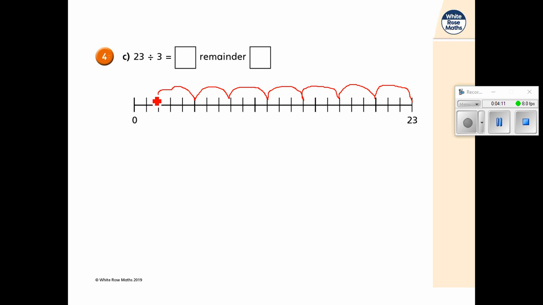So the remainder we can see is 2, so we can write that in straight away, even though we haven't done this bit yet. 1, 2, 3, 4, 5, 6, 7, and that's there. Now if you've written these numbers in, that one will be 20, and this one will be 17, and this one will be 14, and this one will be 11, and this one will be 8.